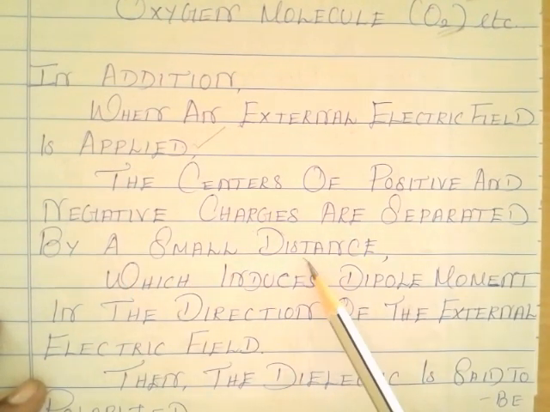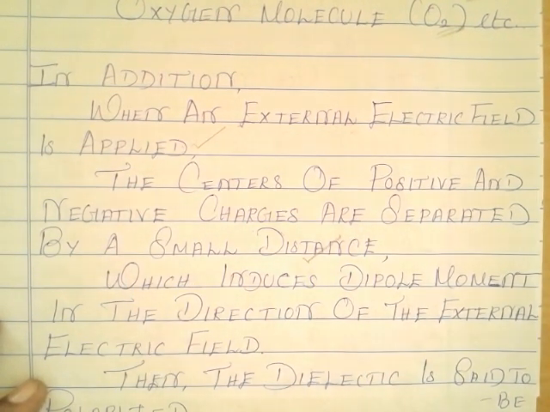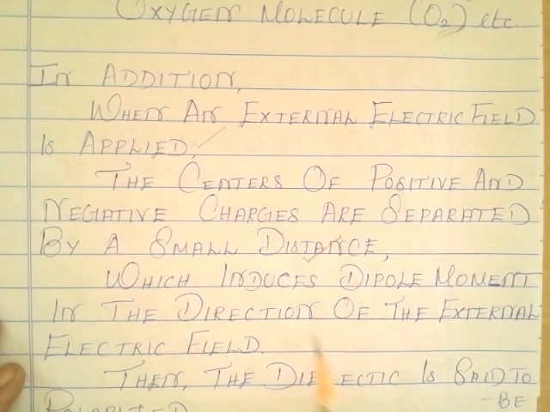by a small distance. Once again, we consider a non-polar molecule. In the absence of external electric field, the centers of positive and negative charges coincide with each other, but when we apply an external electric field to that non-polar molecule, it induces a dipole moment in the direction of the external electric field.